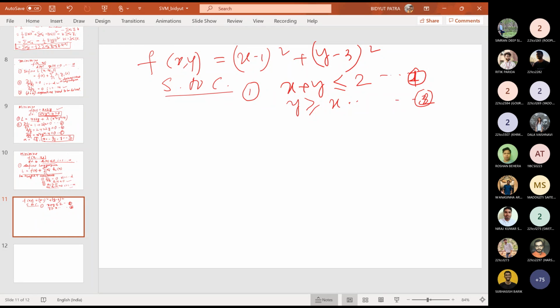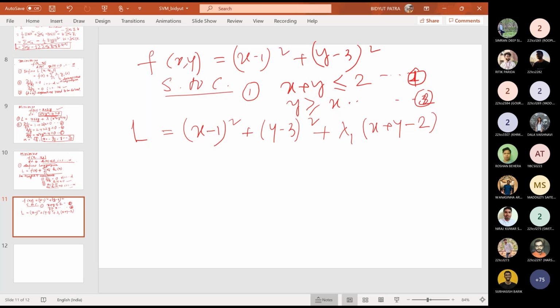So in that case, the first step is to find the Lagrangian, that is (x minus 1) square plus (y minus 3) square, and then we have two constraints, so lambda 1 into (x plus y minus 2). The second constraint is y greater than or equal to x.